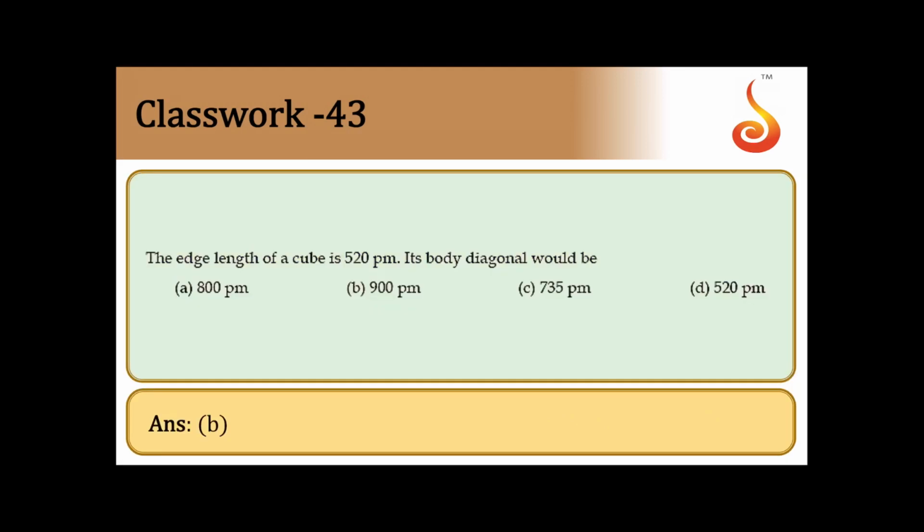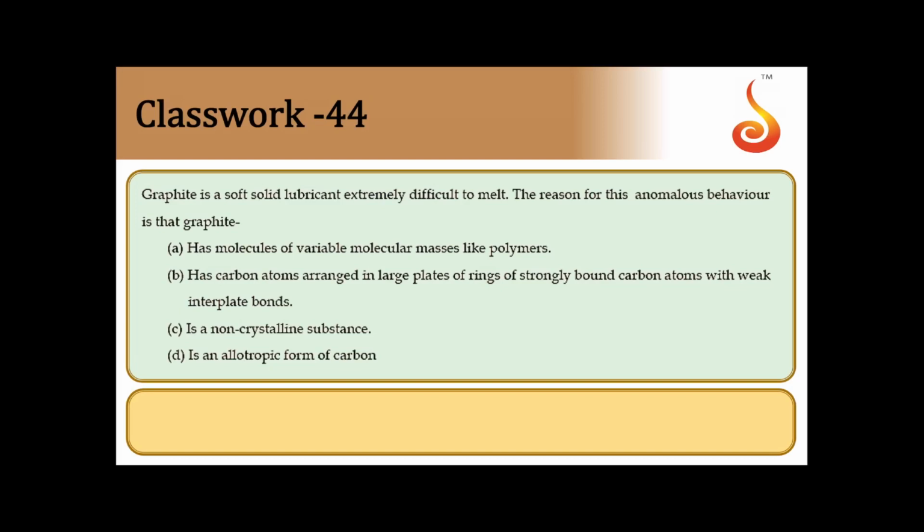Next 43. Graphite is soft, solid lubricant, extremely difficult to melt. The reason for this anomalous behavior of graphite: has molecules of variable molecular masses like polymers. This is not correct. Has carbon atoms arranged in the large plates of rings, strongly bound carbon atoms with weak interplate bonds.